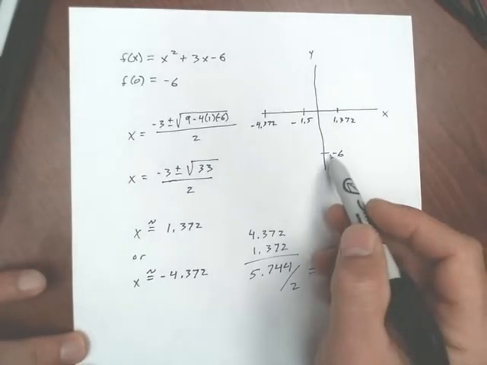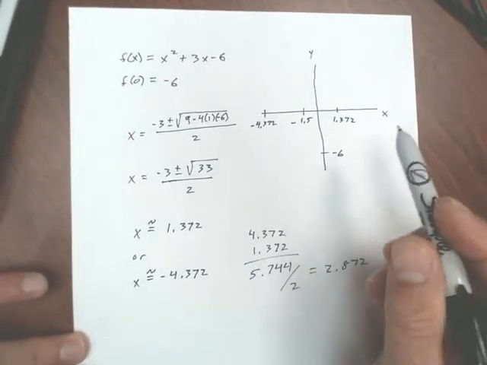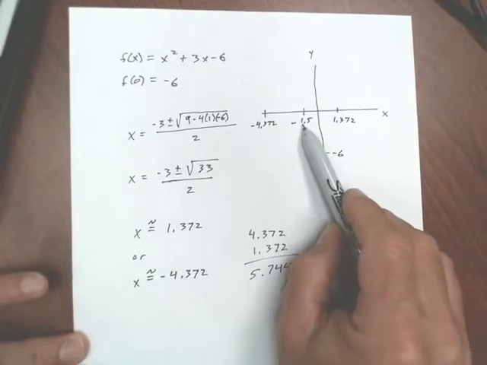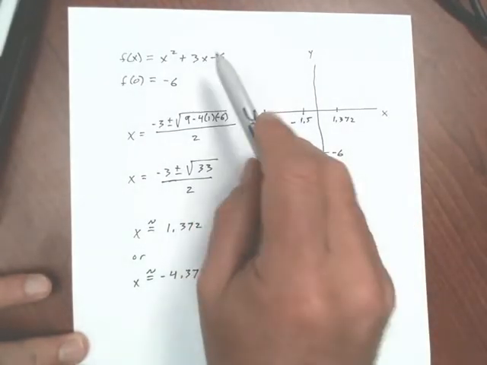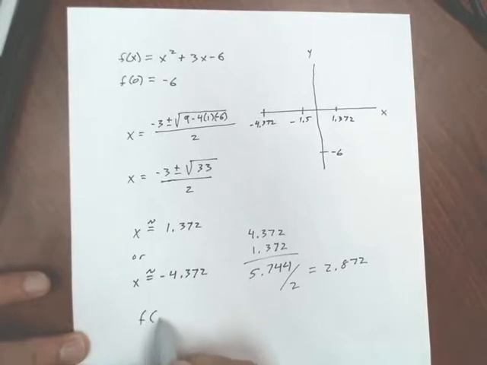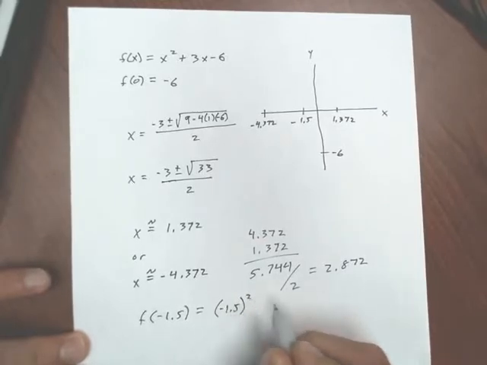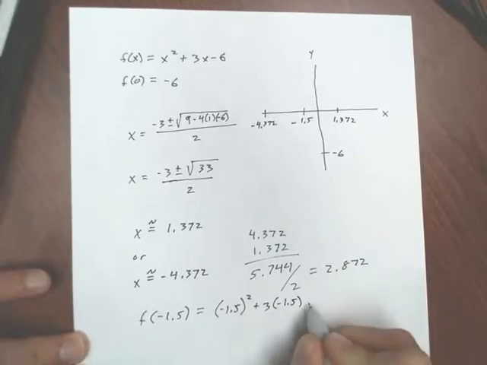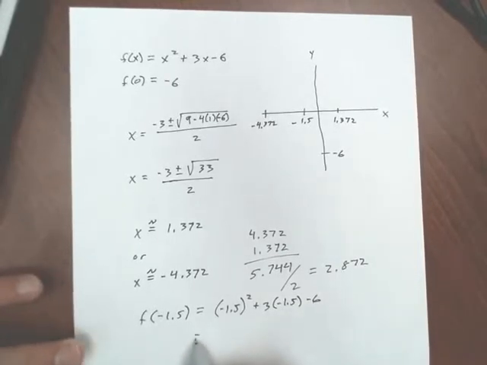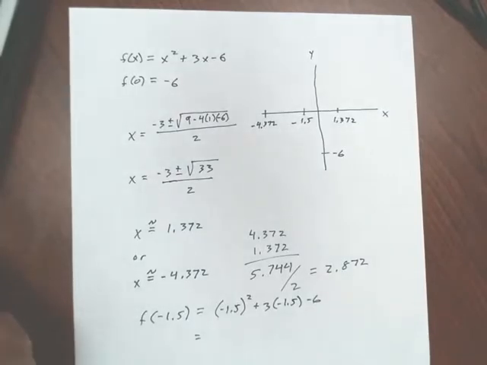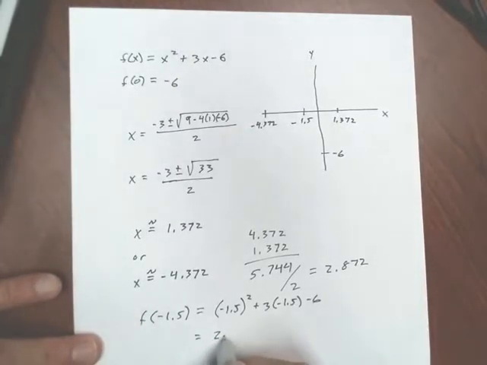Now we need to find the y-coordinate of the vertex, and we do that by plugging the negative 1.5 back into the function. So now we're going to solve for f of negative 1.5. That gives us negative 1.5 squared plus 3 times negative 1.5 minus 6. So 1.5 squared is 2.25.